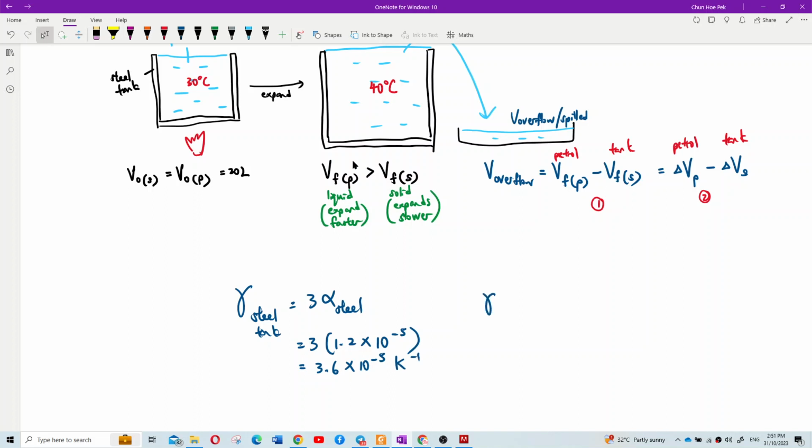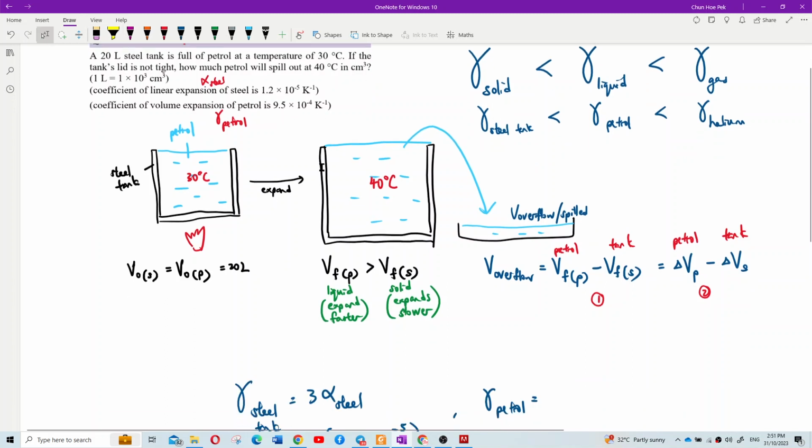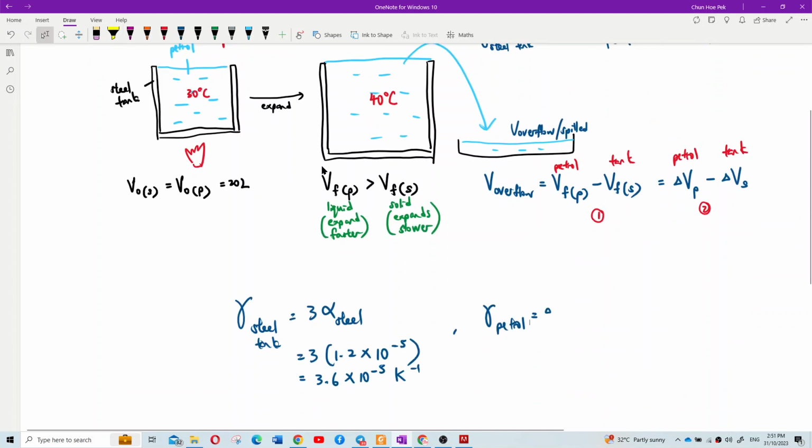Okay, what's the gamma for petrol over there? Gamma for petrol is 9.5 times 10 to the negative 4. Write it down: 9.5 times 10 to the negative 4 per Kelvin. Which gamma is bigger, class?